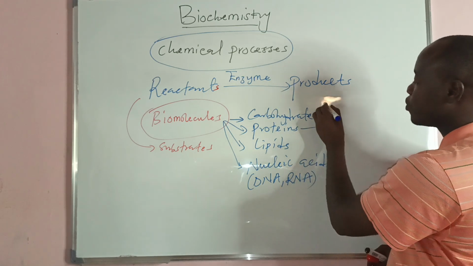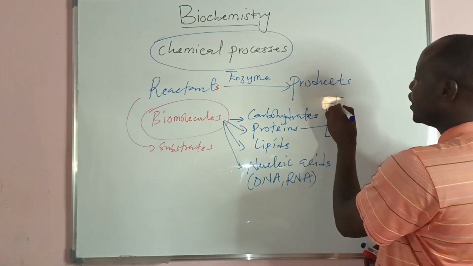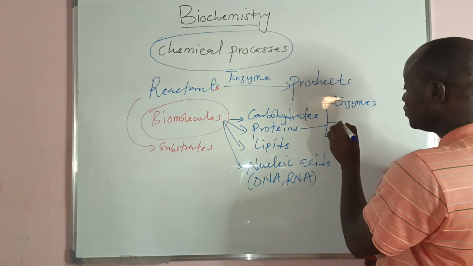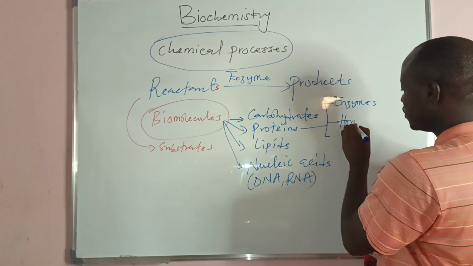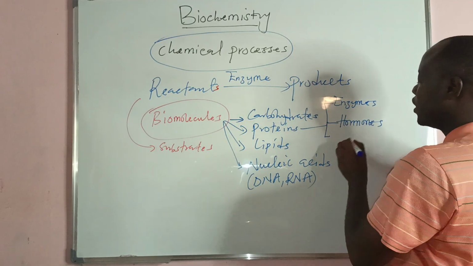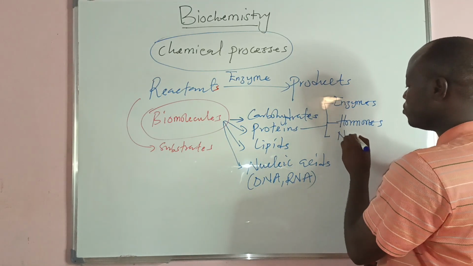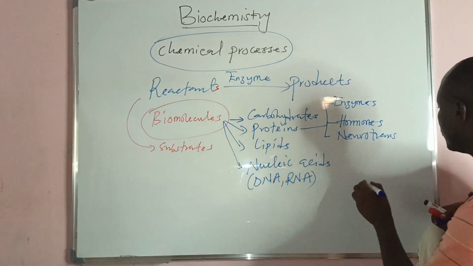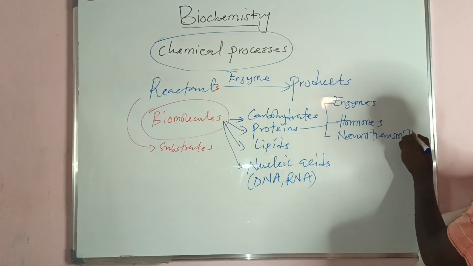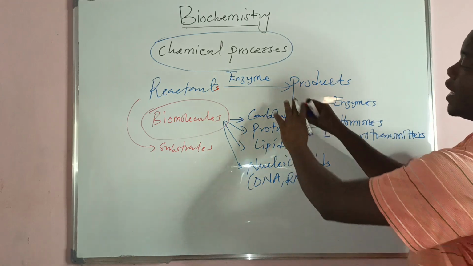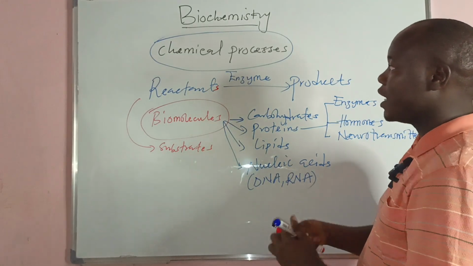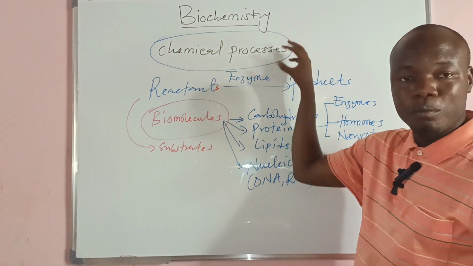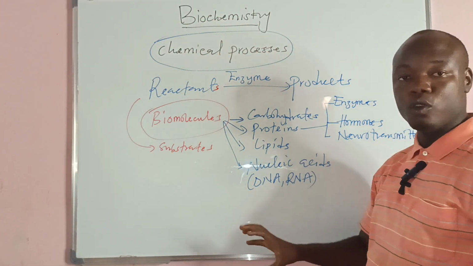And of course, when we say proteins, proteins can be enzymes, hormones, or neurotransmitters. So these are examples of biomolecules that are associated with the study of the chemical processes that are taking place in the body of a living organism.